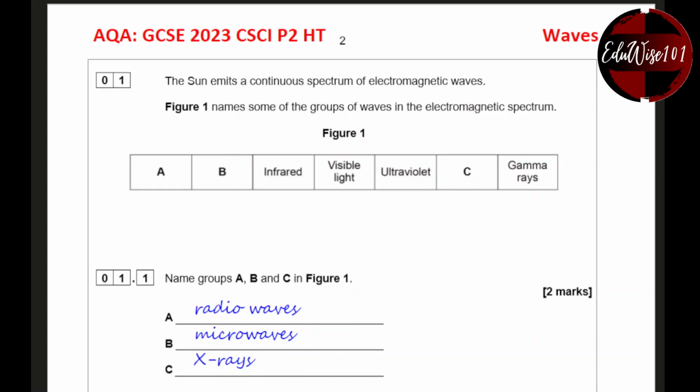So if you look at this diagram, gamma has the highest frequency, and the lowest wavelength.